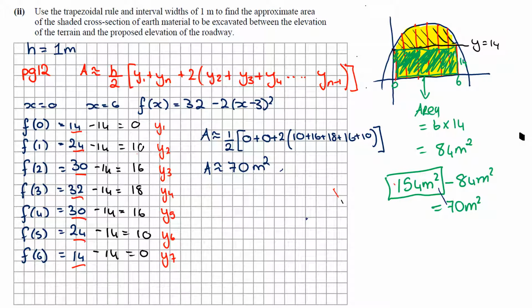You do that at the end of the second method, whereas you do that at the start of the first method. Both are absolutely fine to do, and it's really which one you prefer. But don't forget that sometimes when we use the trapezoidal rule, we may not be getting the full area of what we want. Sometimes we might be getting more than what we want, and we have to take something away.